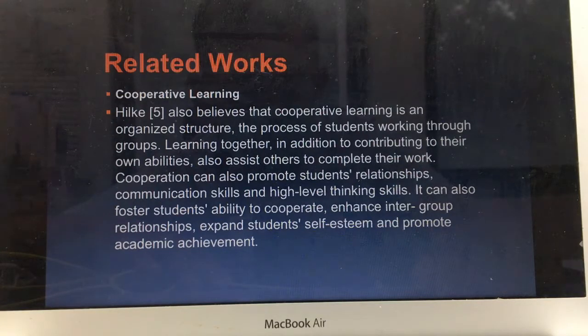In the process of students working in pairs or groups learning together, in addition to contributing their own abilities, they also assist others to complete their work. Cooperation can also promote students' relationships, communication skills, and high-level thinking skills. It can also foster students' ability to cooperate, ensure intergroup relationships, expand students' self-esteem, and promote academic achievement.